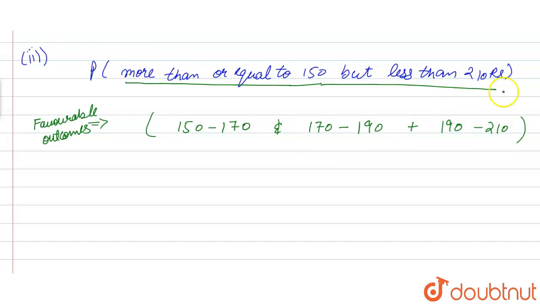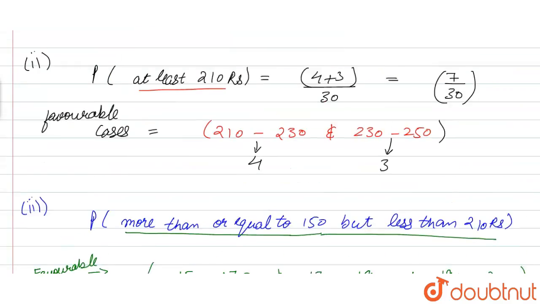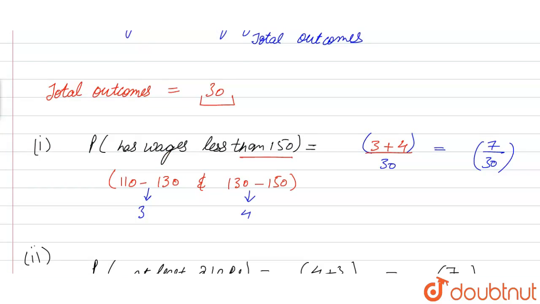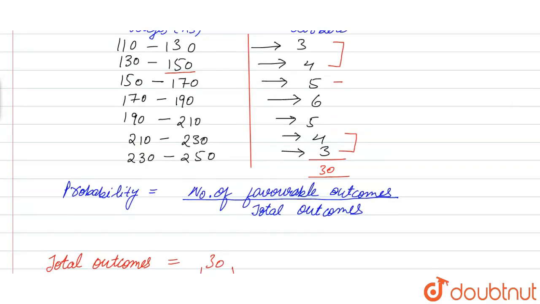From 150 to 170 there are 5 workers, from 170 to 190 there are 6 workers, and from 190 to 210 there are 5 workers.